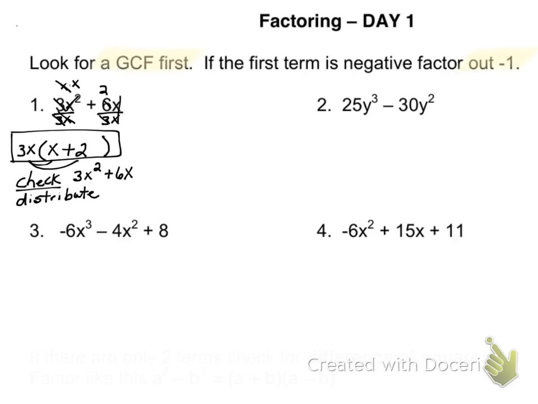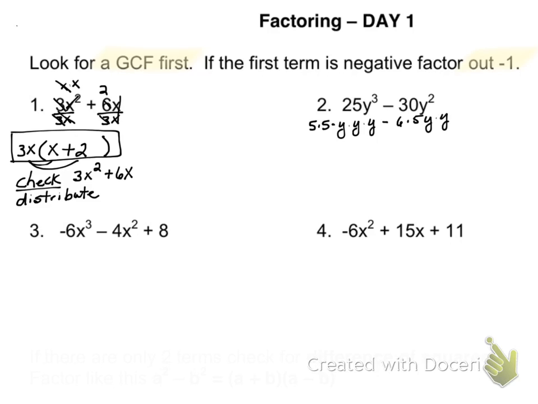Now we've got a few more examples, so let's go over a few more. Both of these numbers can be divided by 5. If you think about it, 25 is 5 times 5, and then the y cubed is y times y times y. And the 30 is 6 times 5 times y times y.